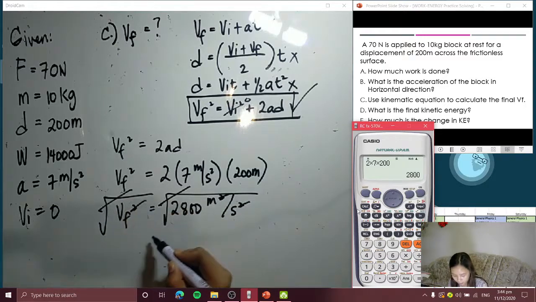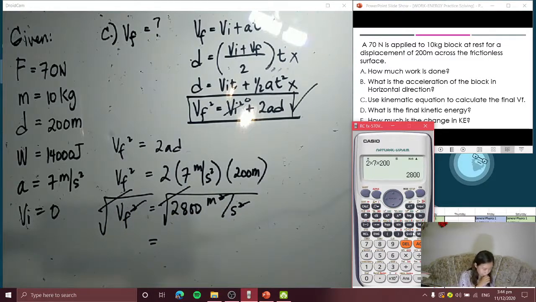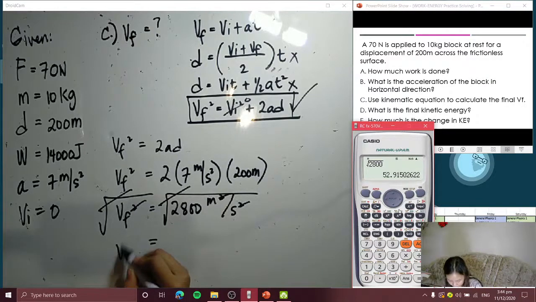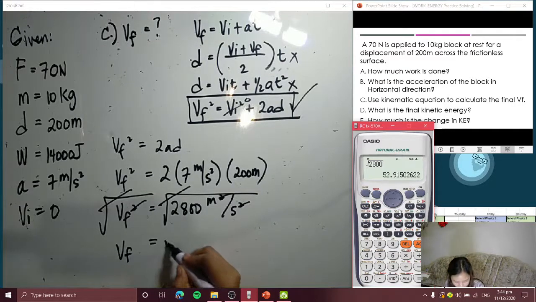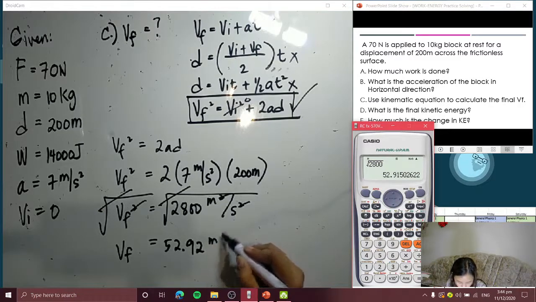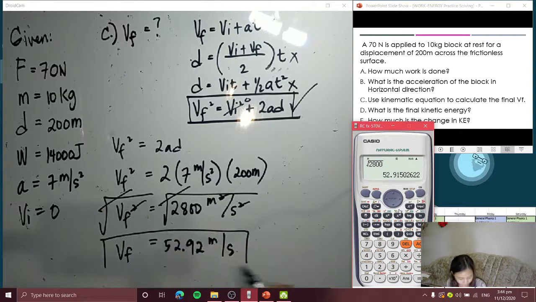We have the square root of 2,800 is equal to, let's take a look at the value, that's 52.92. What's the unit? Meters per second. So this is now our final velocity, using our kinematic equations. Kinematic equation, since there is only one we used. So, that's for letter C.